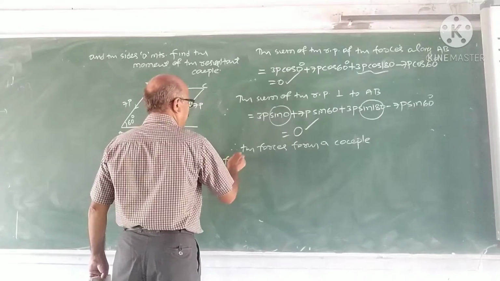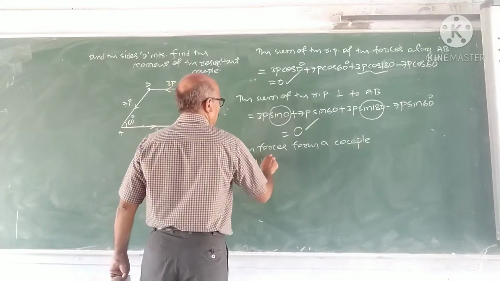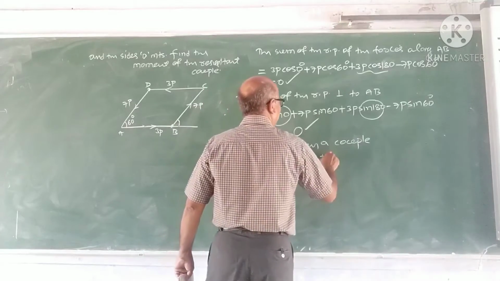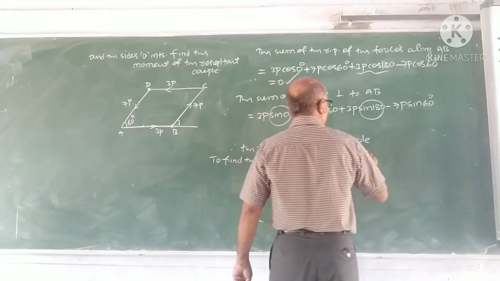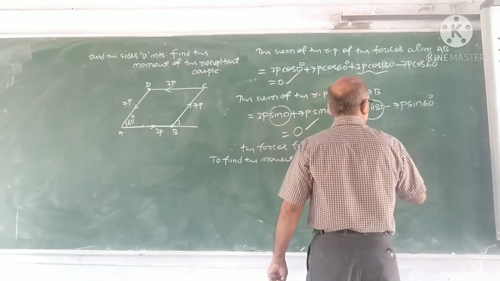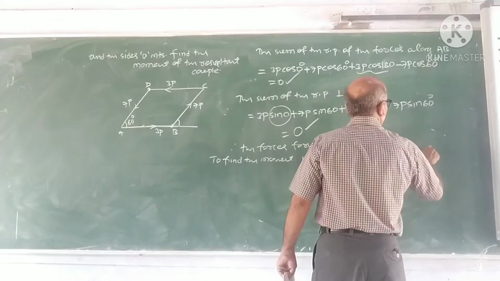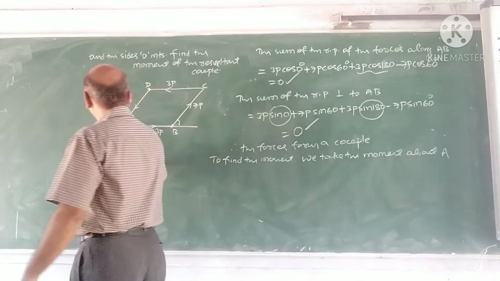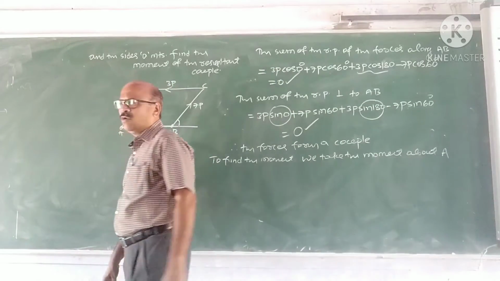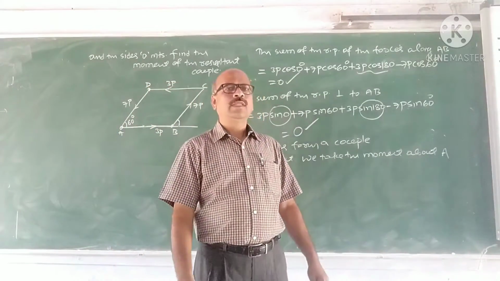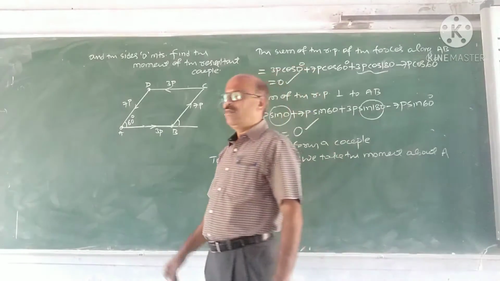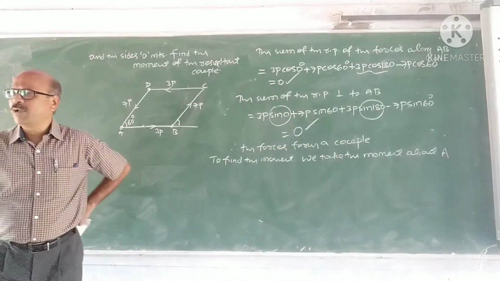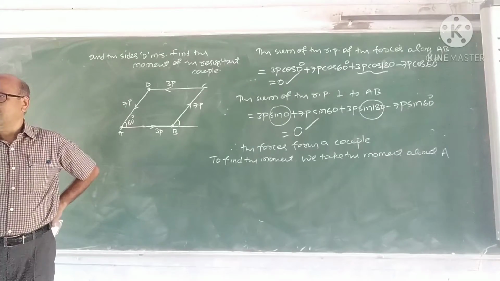To find the moment, we take the moment about A. See here, this point where you have to take the moment, you have to choose very carefully, because from that we require perpendicular distances.